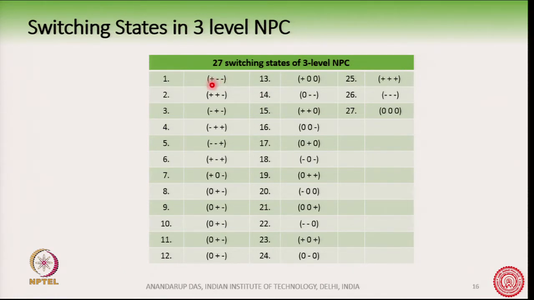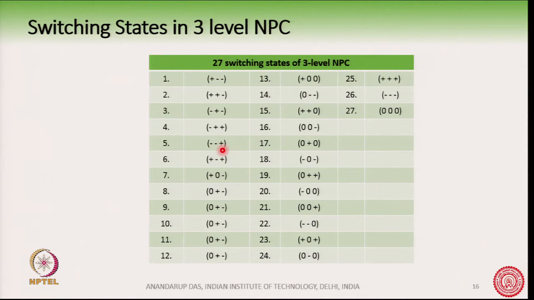So, you can have 3 possibilities here, plus, minus or 0, on the A phase. Similarly, you can have plus, minus and 0 on the B phase and plus, minus and 0 on the C phase, thereby you have 3 into 3 into 3, that is 27 possibilities, which are listed in the table.